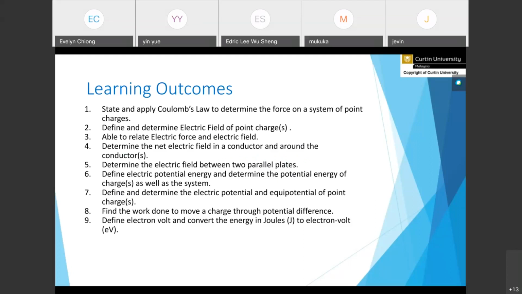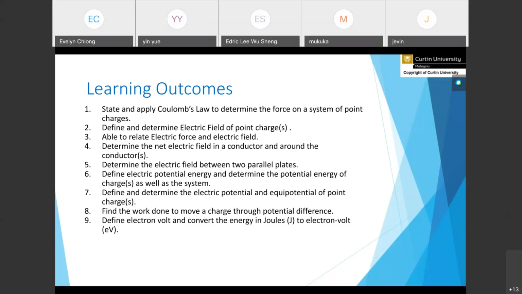Learning outcomes are a very good way for you to check after every topic whether you have understood all the scopes that we cover. The first one, we want to state and apply Coulomb's law. What is Coulomb's law about? And then what is electric field of a point?